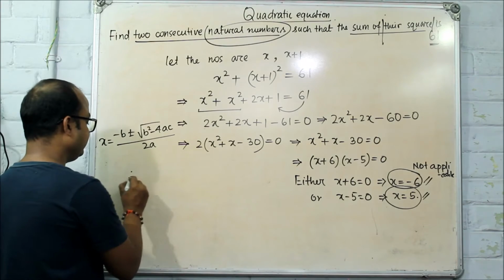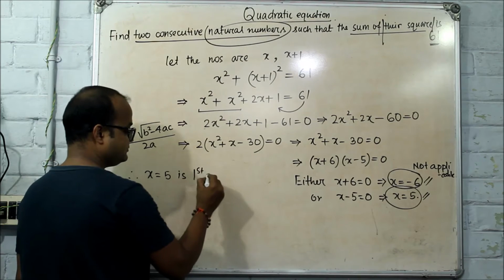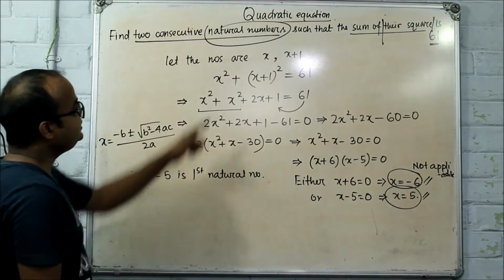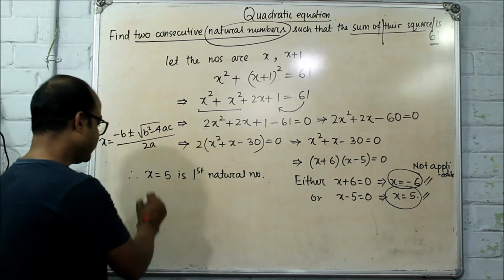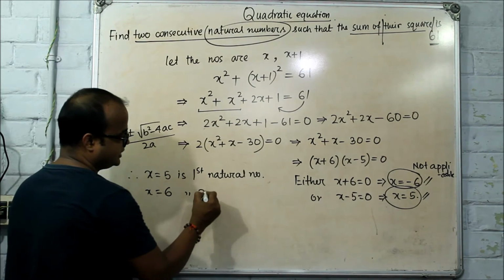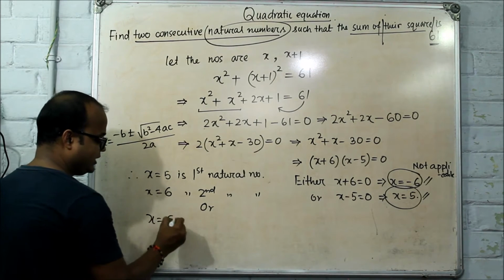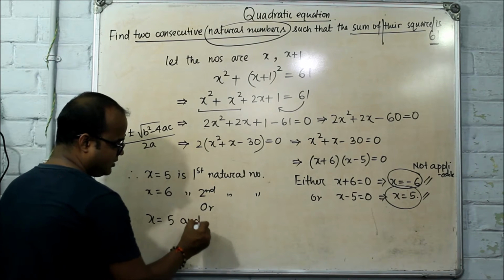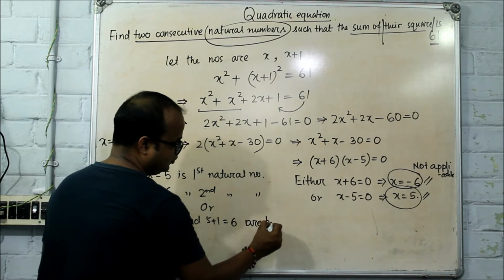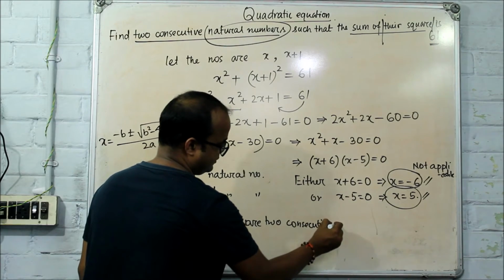Therefore x is equal to 5 is the first natural number, and x plus 1, that is 5 plus 1, which is equal to 6, is the second natural number. So 5 and 6 are two consecutive natural numbers.